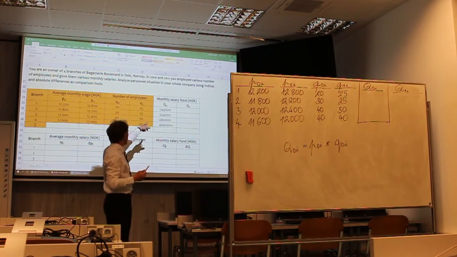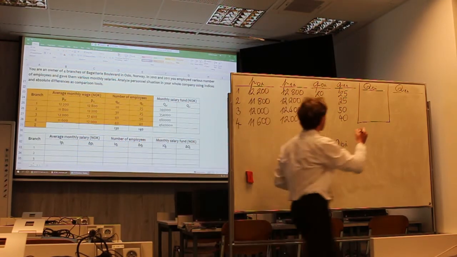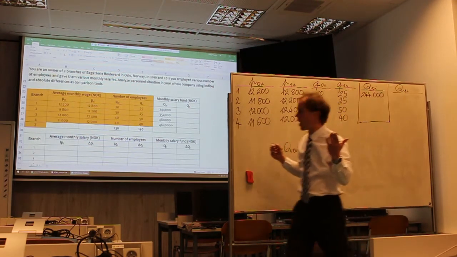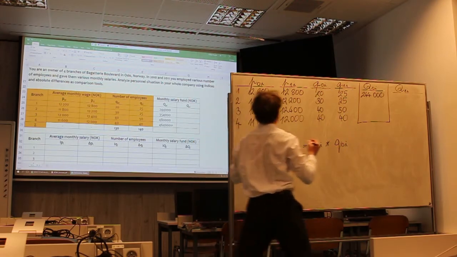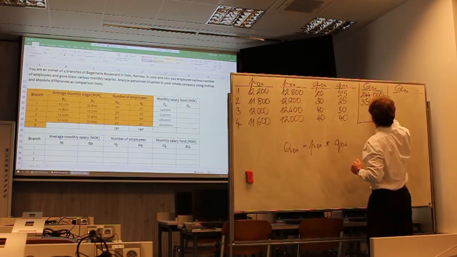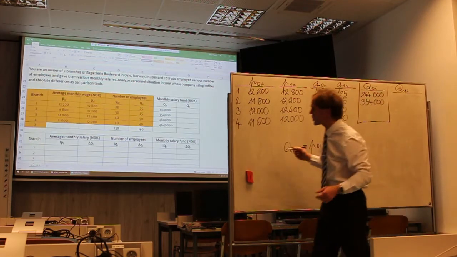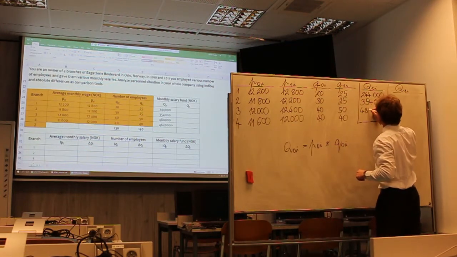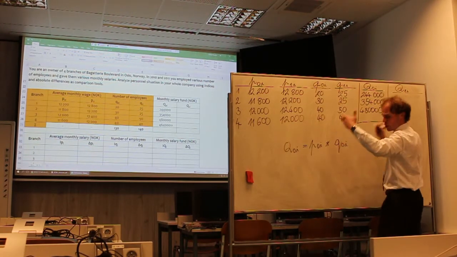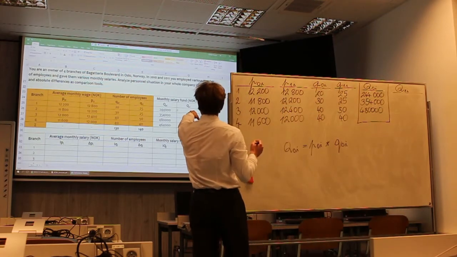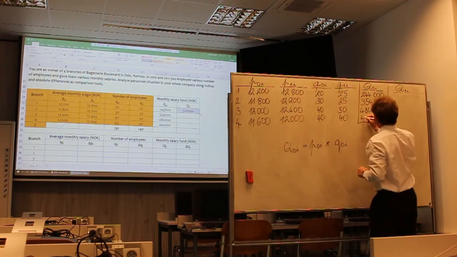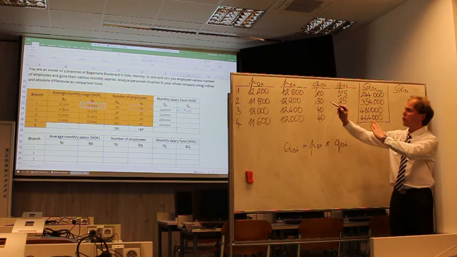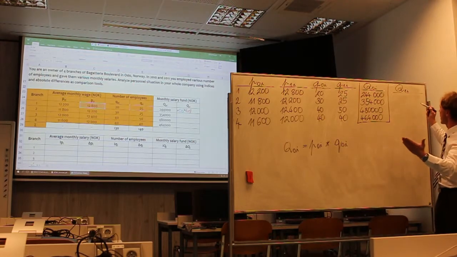So, I will rewrite these values on the whiteboard. 244,000 Norwegian crowns, 354,000 Norwegian crowns for the second branch office, 480,000 Norwegian crowns for the third branch office, and 464,000 Norwegian crowns for fourth branch office, Baguetterie Boulevard.